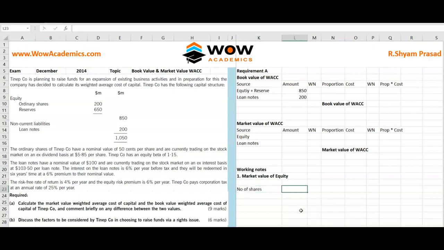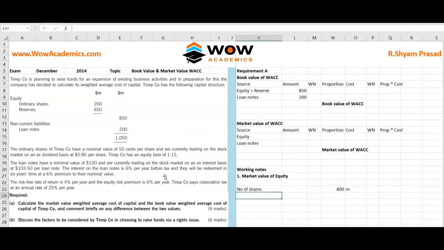The number of shares is equal to the nominal value of the shares, 200 million, divided by the nominal value of each share. Each share is 0.5. This will give you the total number of shares, which is 400 million.